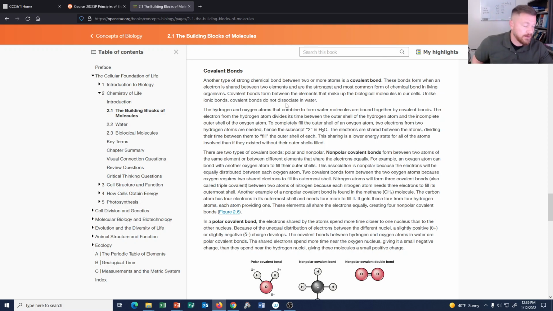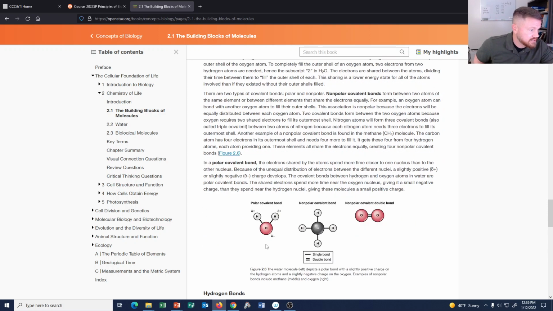In the case of something like oxygen and hydrogens, oxygen would have 6 electrons in its outer shell, so it would need 2 more to get to 8. Hydrogens only have 1 electron in its outer shell, so it needs 1 more to get to 2.